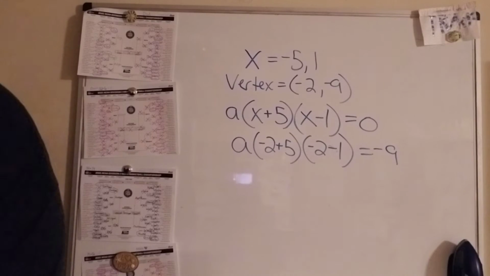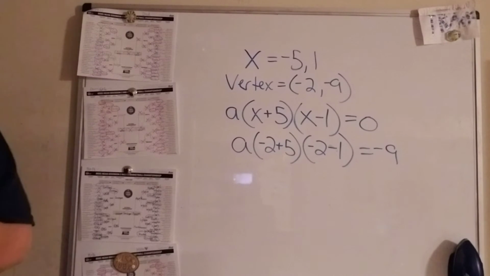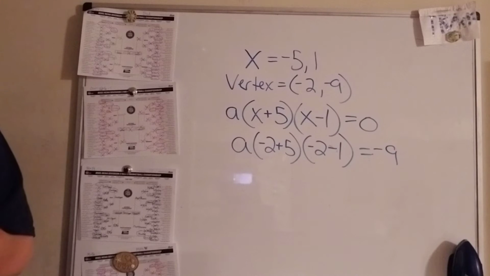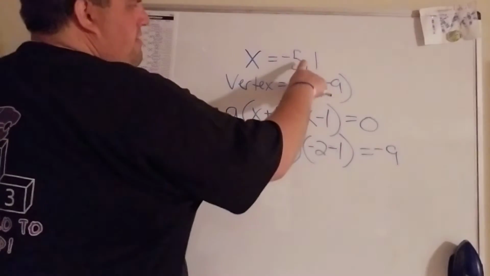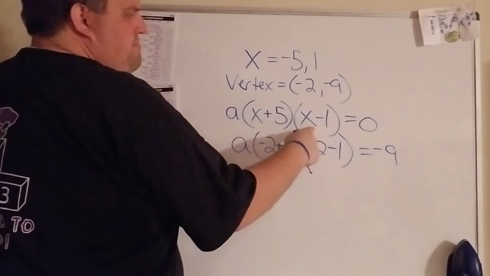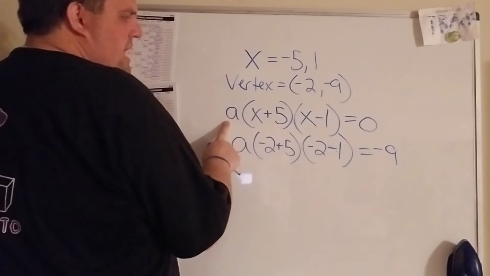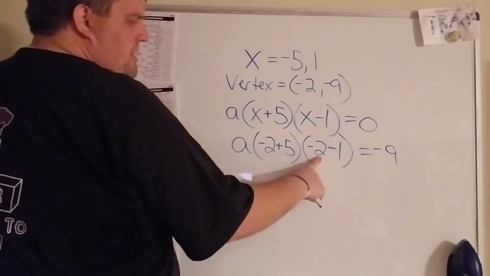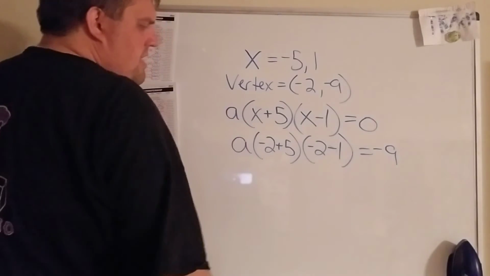So I plug x in for all the x's, and then set that equal to whatever my y is going to give me. Makes sense so far, hopefully? So we wrote two factors based on our solutions, threw the a in front, and plugged in the x and the y.